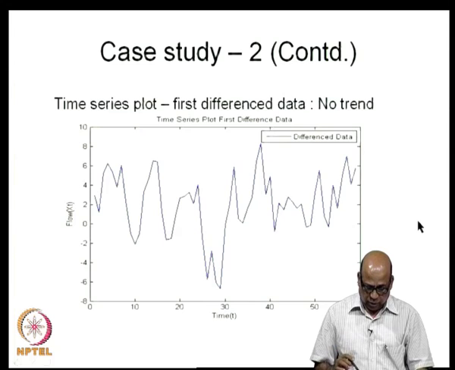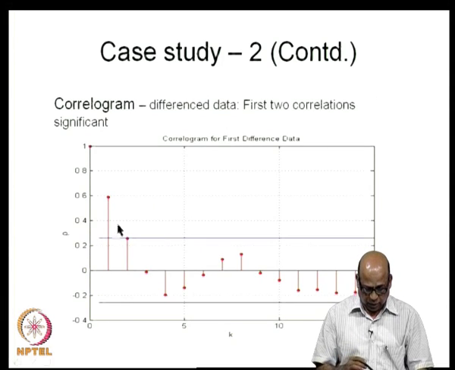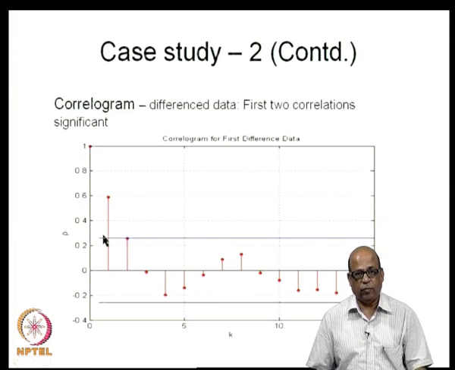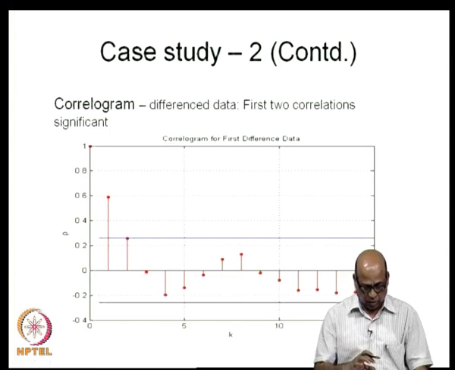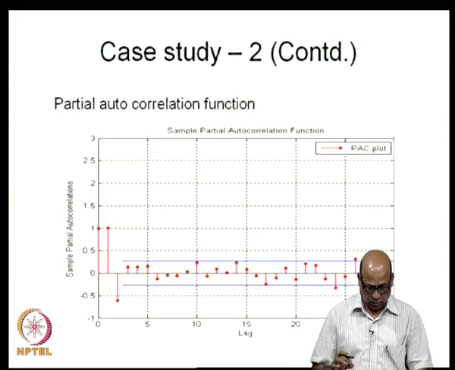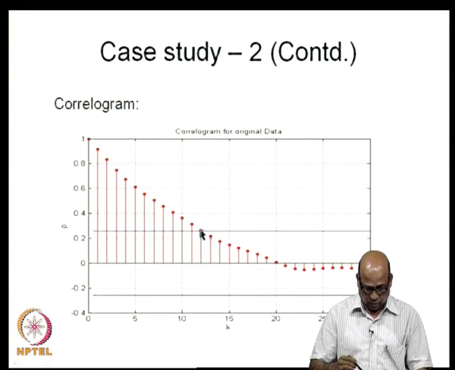We will do the correlogram analysis on this time series now. When we do that, for the first difference data, you can see that there is only one correlation, the lag 1 correlation, that is significant, unlike what you saw in the earlier case where there were several correlations significant, almost up to lag of about 12.